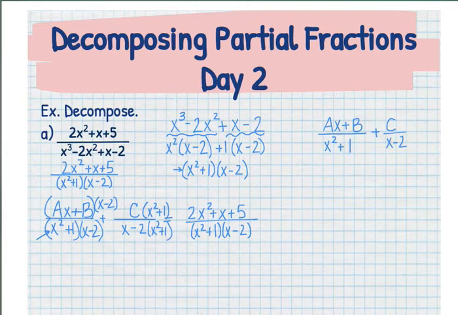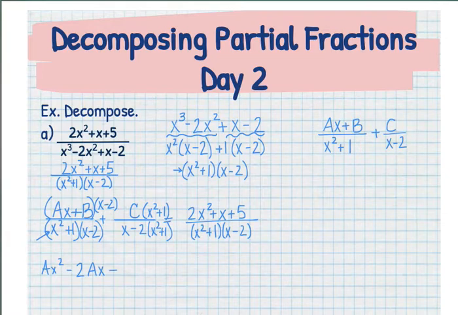Now make sure you put parentheses around that Ax plus B, so that you can distribute everything out, FOIL it if you did that in Algebra 1. Ax times x is Ax squared. Ax times negative 2, negative 2Ax. B times x is Bx.